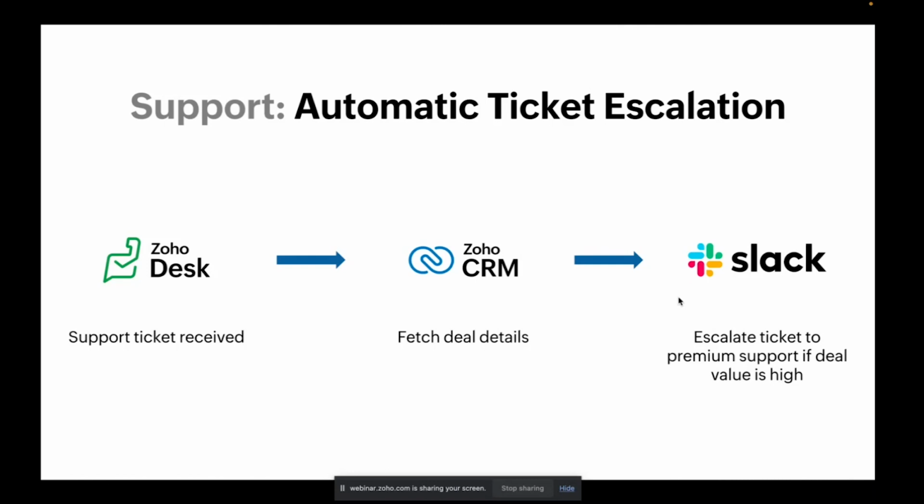Now, let's say the criteria that you have set for priority support is that if a support ticket from a high value deal customer is left unattended for, let's say, more than an hour, you need the premium support to instantly take care of that ticket. So you need to escalate that ticket in case the ticket is left open for more than an hour. Now let's see how we do that in Zoho Flow.